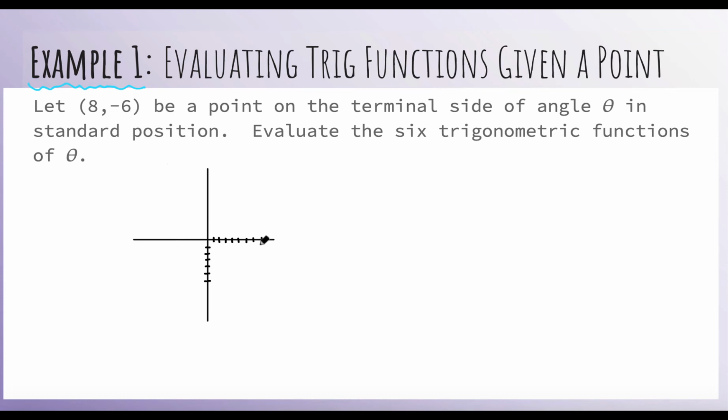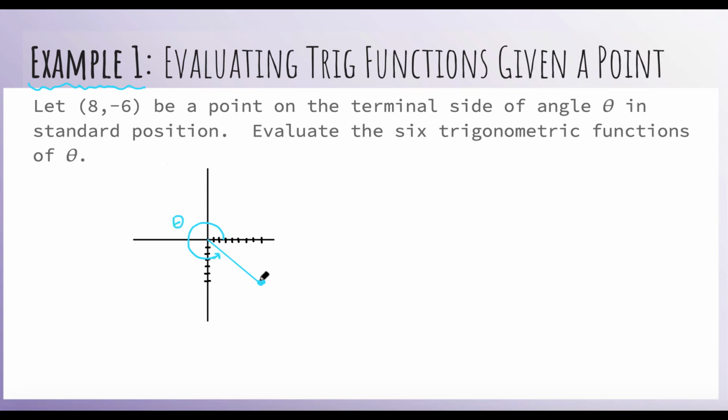Hopefully you said it's in quadrant 4. So we're going 8 and then -6. This is the point on the terminal side of that angle, and so the angle goes to here like this. That's our angle, and we're going to label that as theta.